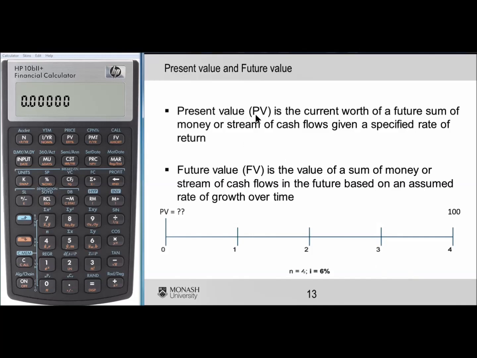So present value, PV, represents the current worth of a future sum of money or a series of cash flows at a specific rate of return. Whereas future value is the value of a sum of money or a stream of cash flows in the future based on an assumed rate of growth over time.